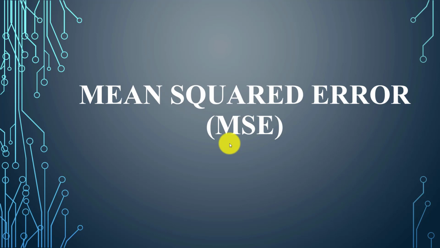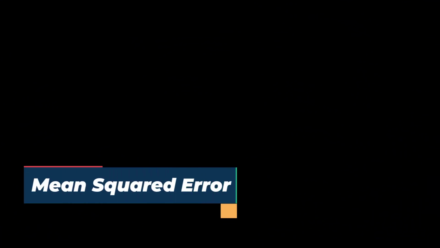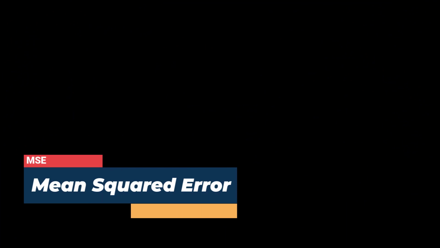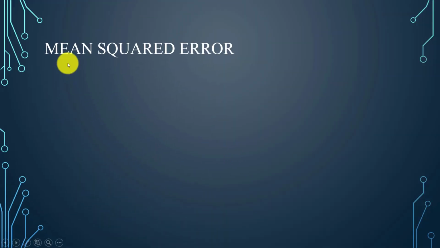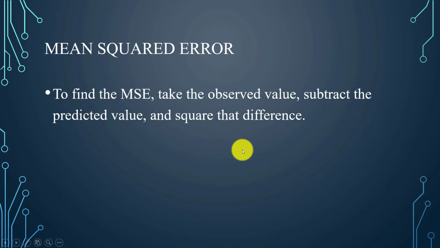Now let's first understand what is mean squared error. To find the MSE, or to find the error, we take two values from the data set.